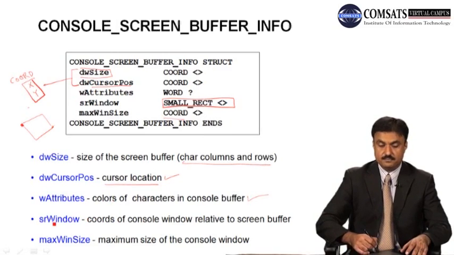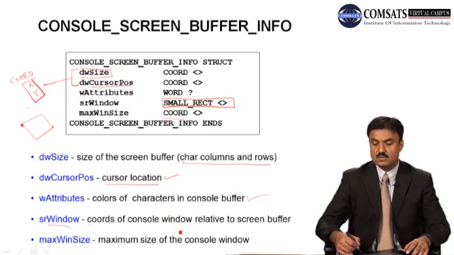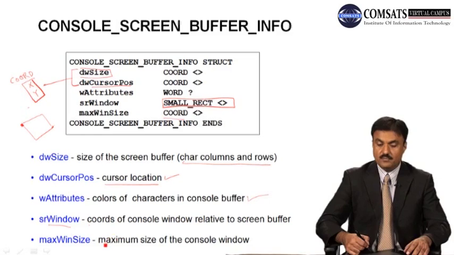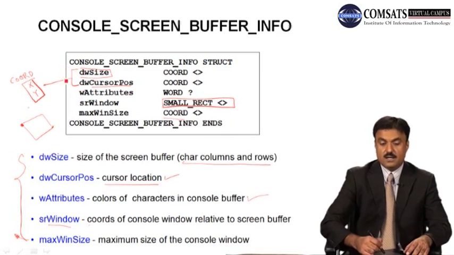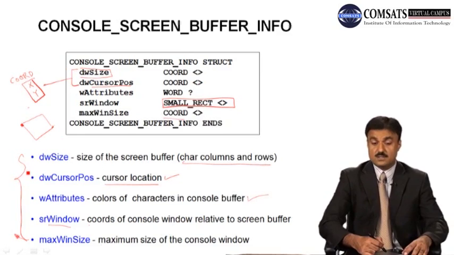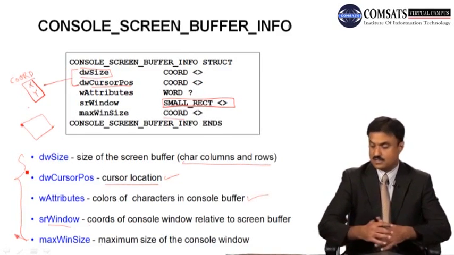And then the window gives you the coordinates of the console window relative to the screen buffer, and so on. And then the maximum size of the console window will be stored inside the maximum window size. So this is the complete structure, and it is also using different other structures to form a whole complete structure.